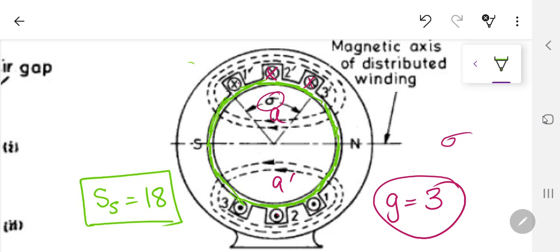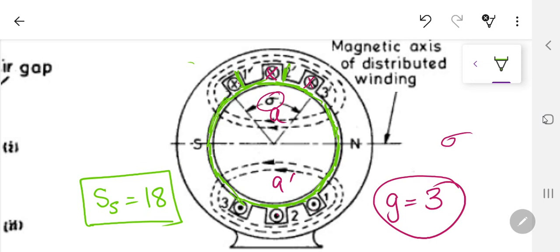So if you add all these A, B and C phase slots, Ss will be equal to 18. As you can see, the whole 360 degrees has 18 slots. The angle between 1 dash and 2 dash, in terms of mechanical angle, is almost equal to 20 degrees, because there are 18 slots. So the angular displacement between each one of the slots is going to be 20 degrees.